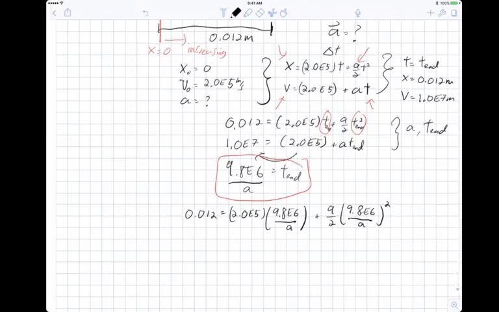Let me do some arithmetic. Just getting the calculator out. The first term is 2E5 times 9.8E6, which is about 2E12 over a. It's not surprising.